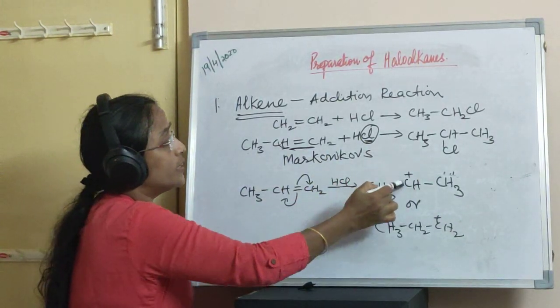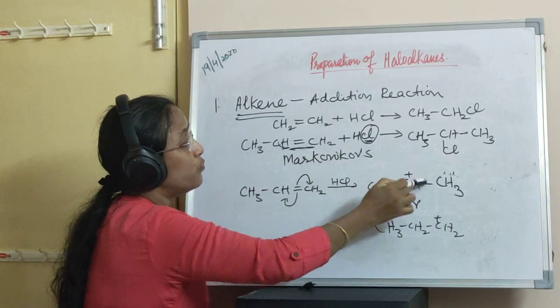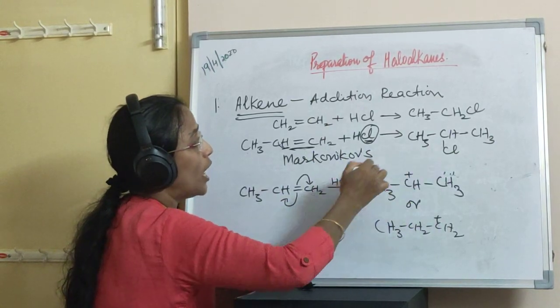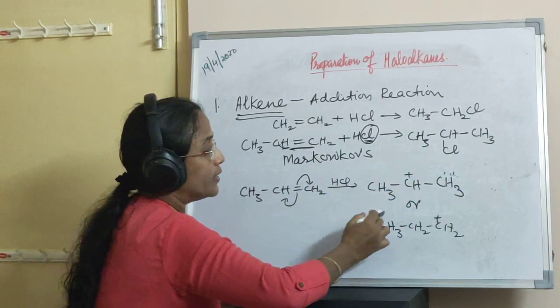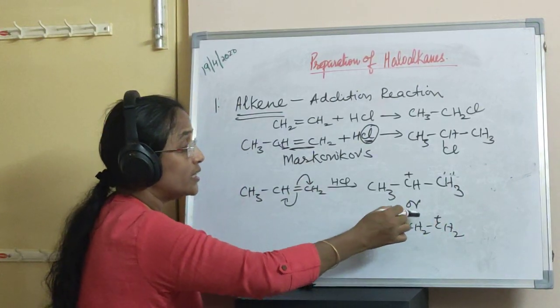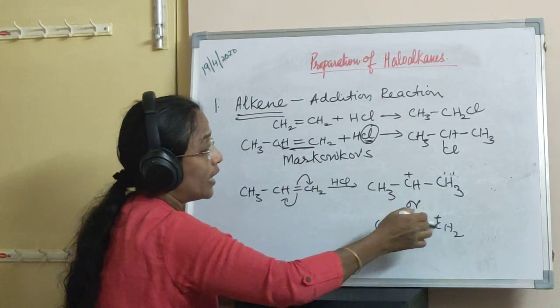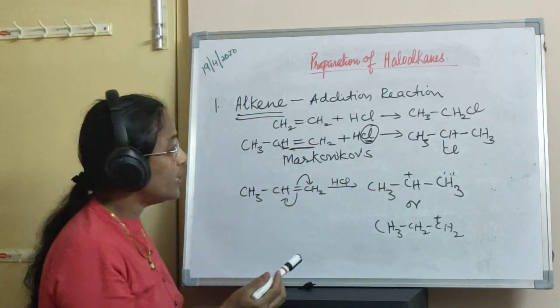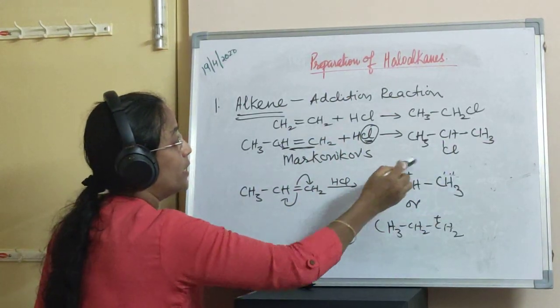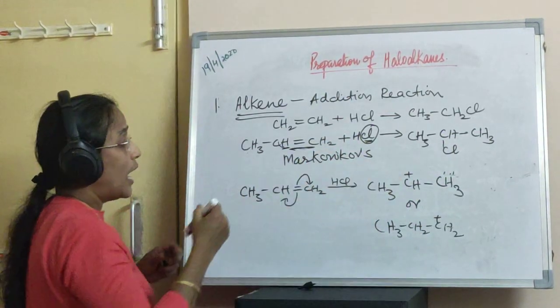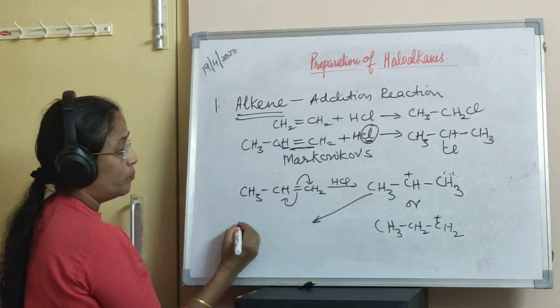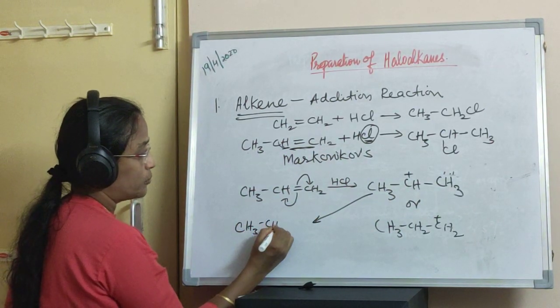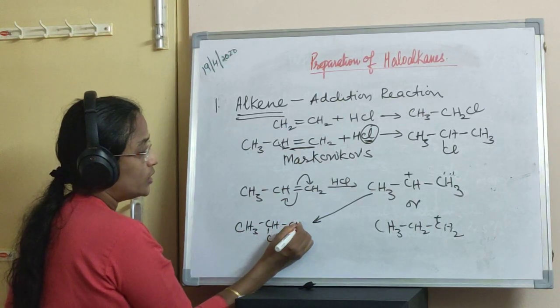Now look at this carbocation, which is electrophilic, it is more stable due to more hyperconjugation effect, and this particular carbocation is less stable because on this side there is no alkyl group, so sp3-s interaction is less. So this is more stable and this is the favorable product, and we get a 2-substituted product. So this is the mechanism.